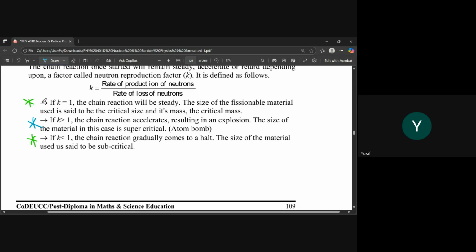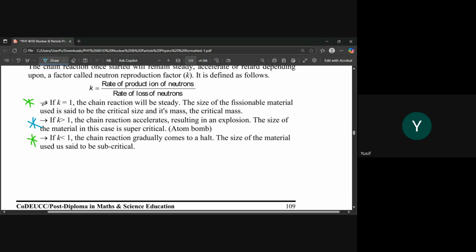But with the nuclear reaction in energy generation, they make sure the production rate and the loss rate are the same, so that the energy produced is constant and steady, and at any time you know the amount of energy being generated.